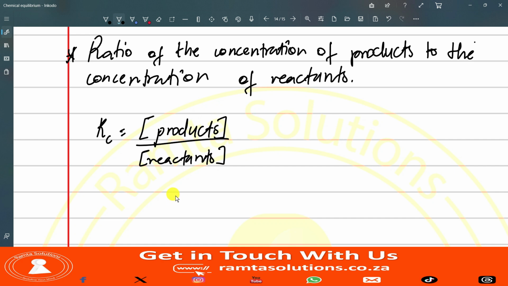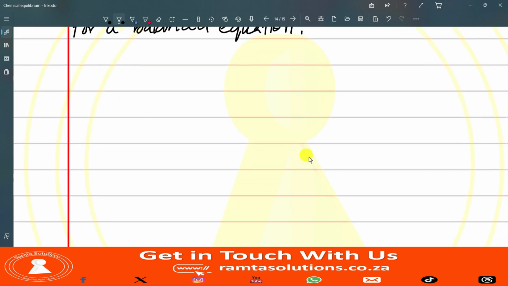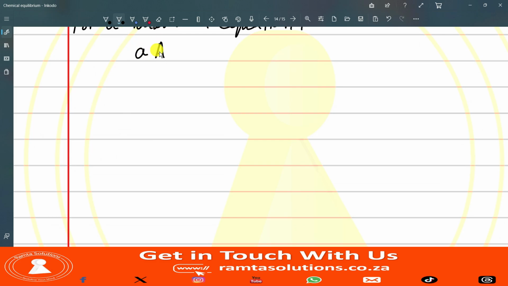So now, let's say for a balanced chemical equation, and I'm going to say a reversible reaction, substance A reacting with substance B, the reaction being reversible, giving us substance C and substance D.